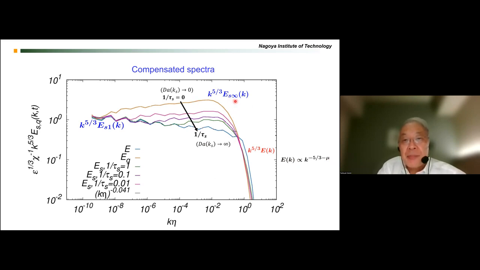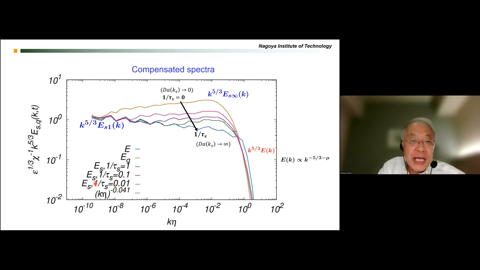Similarly, for the passive scalar supersaturation, in the sense that 1 over tau s equals 0, there is no effect of the phase relaxation, a usual passive scalar. When compensated by k to the 5 thirds, the curve goes this way. I don't know why this has this positive slope, but anyhow, we use this line for the zero effect of phase relaxation. And this is the turbulence kinetic energy spectra for reference.